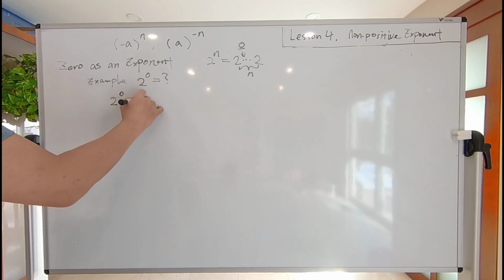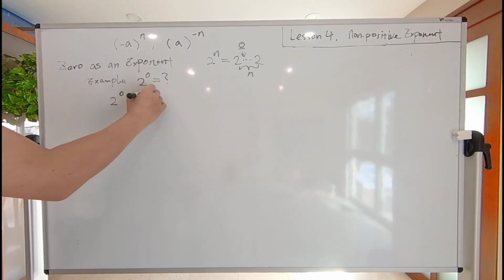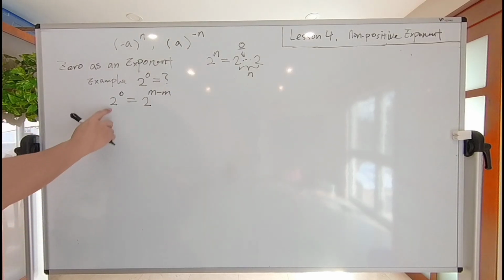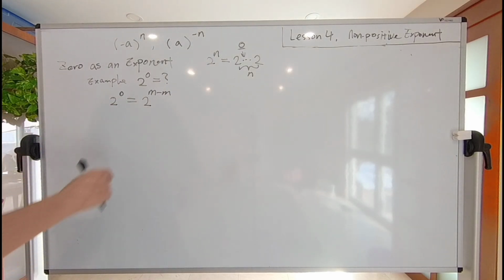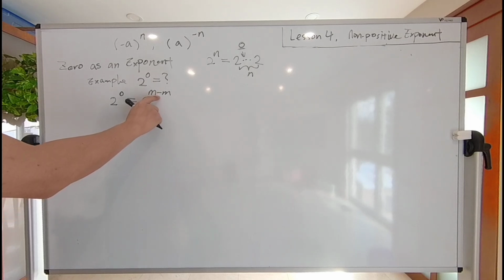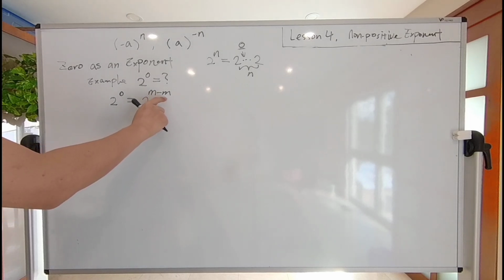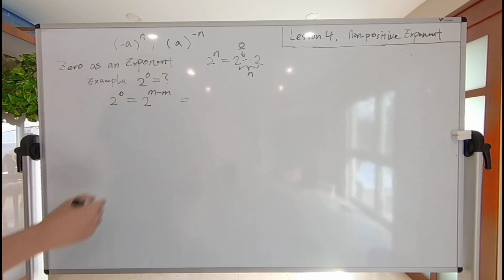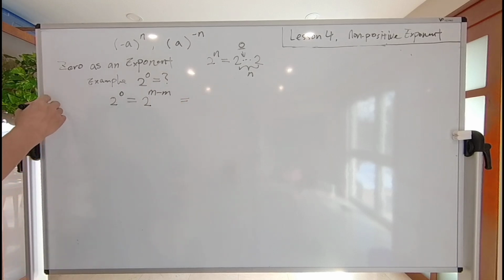So 0 can be written as any number subtract itself. So first of all, 2 to the power of 0 can be written as 2 to the power of m minus m, any number m minus the same number m. Then remember what we learned from the quotient of power.